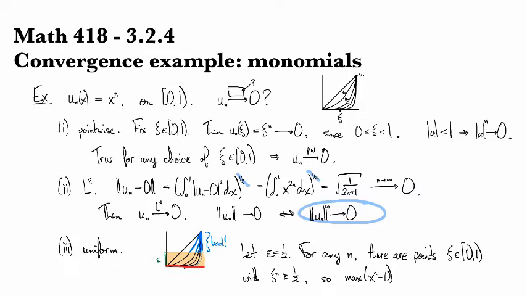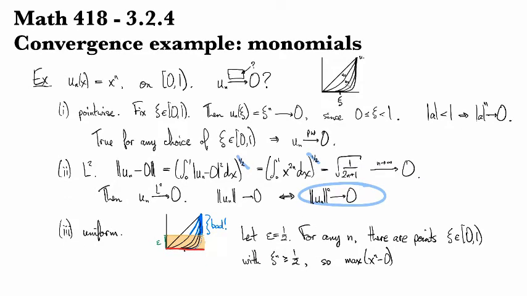So if I take the max over all x's, it's at least going to be as big as that one, which is bigger than 1/2.